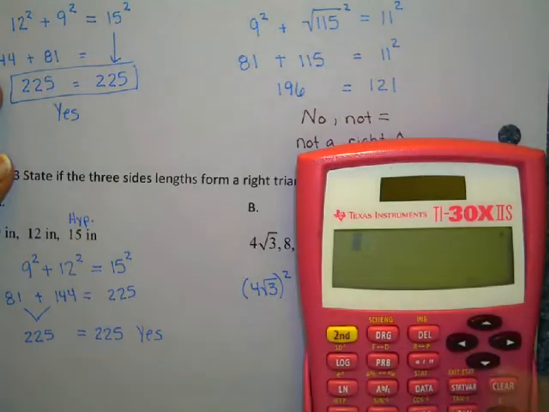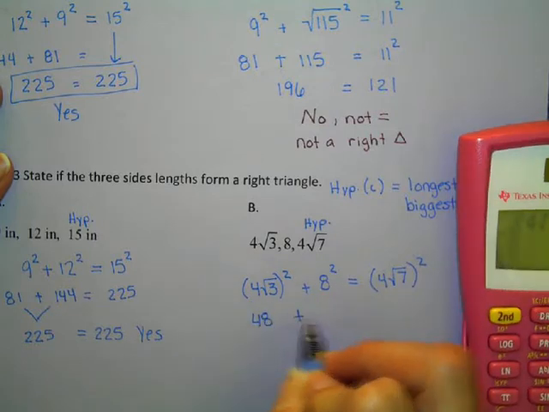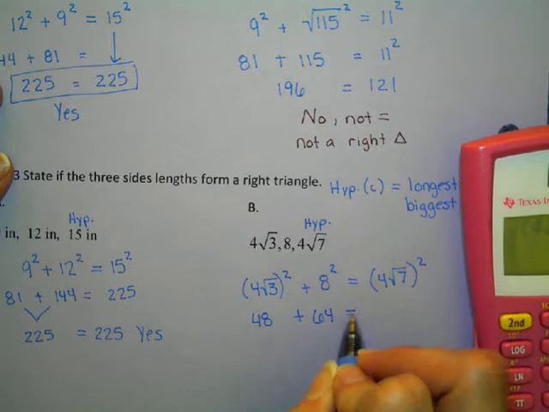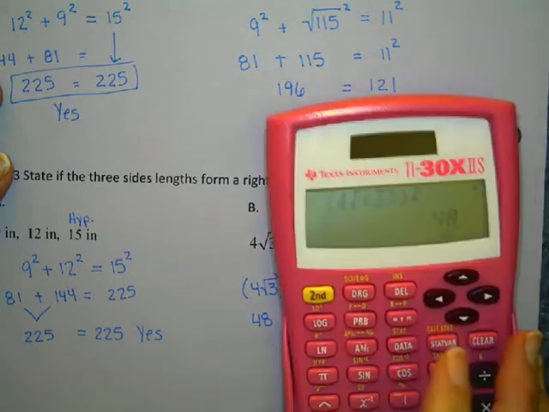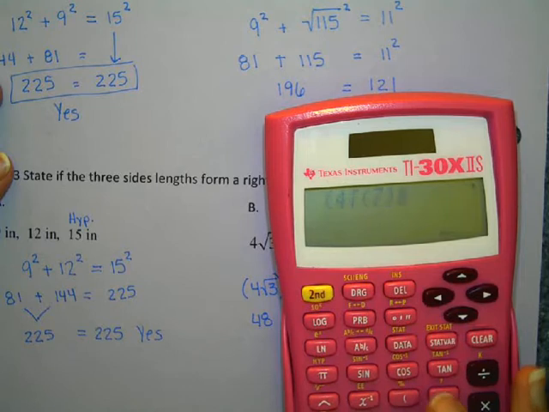Okay, so I'm going to do parentheses 4 square root of 3 squared. So that's 48. Okay, so we'll write down 48 plus 8 squared is 64. Let's try the other side now. 4 square root of 7 squared.